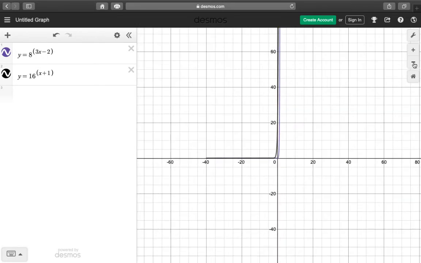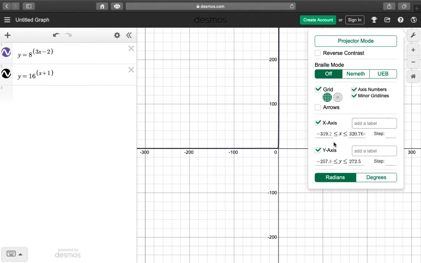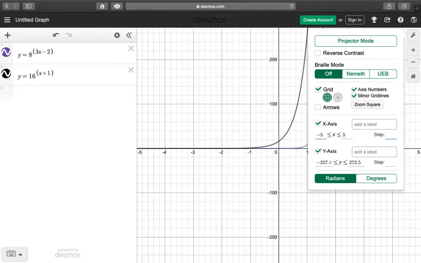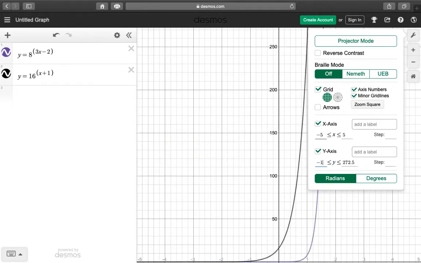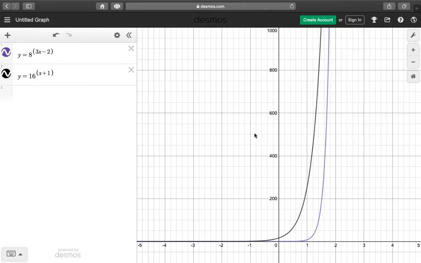But anyway, I'm going to do my zooming out here, and I think I'm going to have to just go from -5 to 5 for x, and y can go from maybe -100 up to maybe 1,000. Do we see where they cross?